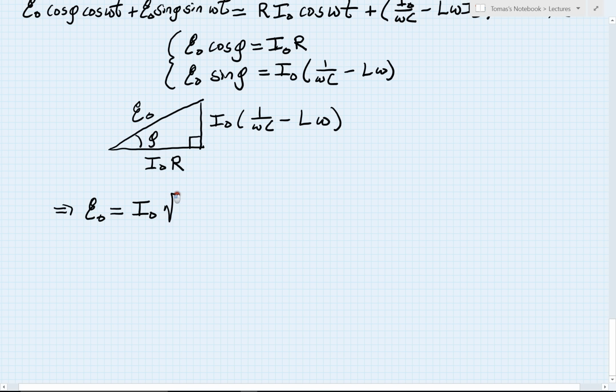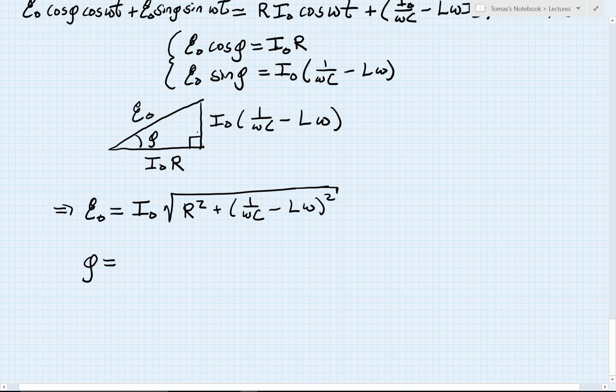So let me factor that out. I naught times the square root of r squared from this side, and then I have my second term plus 1 over omega c, which somehow is acting somewhat like a resistance, minus L times omega, which also has units of resistance, and this is then squared. And then finally, I can find the phi that will make this equation work as well. The phase phi, we can see, can be determined using, again, basic trigonometry.